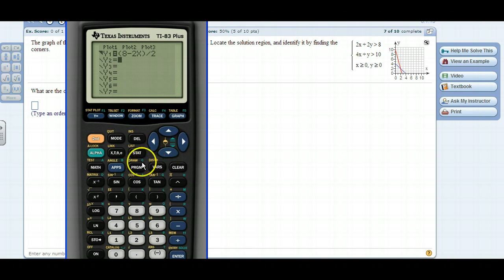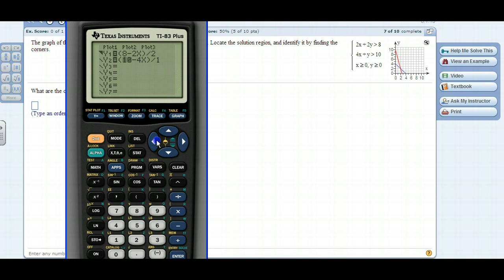The other one, there's nothing in front of y, so we don't need parentheses. There's nothing wrong if you use it. So there's a 10 over there to begin with. It's a positive 4x, so we're going to subtract 4x from both sides. Close the parentheses. There's nothing in front of y, so you can stop, or you could divide by 1. It's not going to matter.